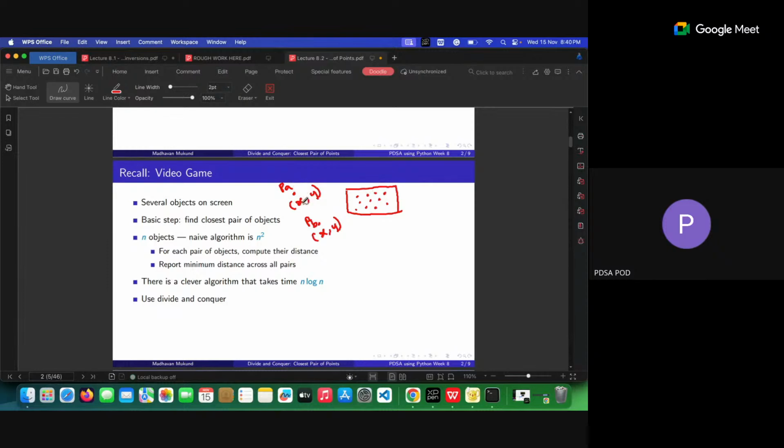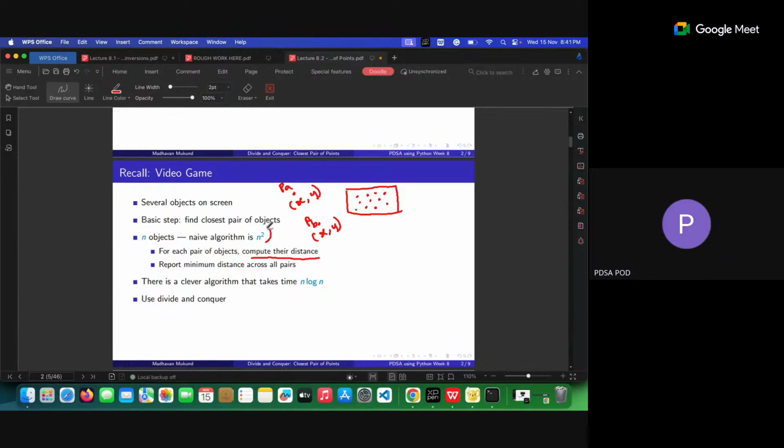We want to find whether PA and PB are located at a shorter distance or not. Maybe you have another point PC, another object. So which is nearer: A and B, or A and C, or B and C? If you want to find the closest objects, we want to compute the distance.